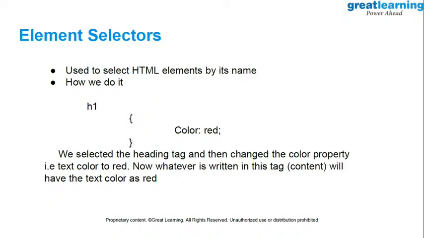Each and every h1 tag in your HTML file will have this property, right now only the color property that we changed, set to red. So this is something at the global level. Basically it will change all the h1 tags.